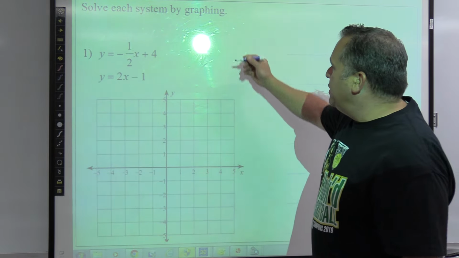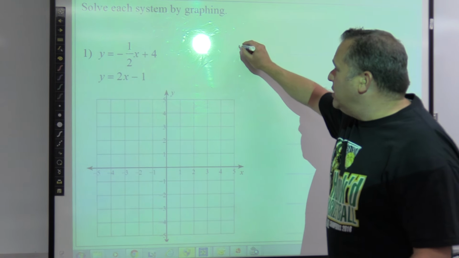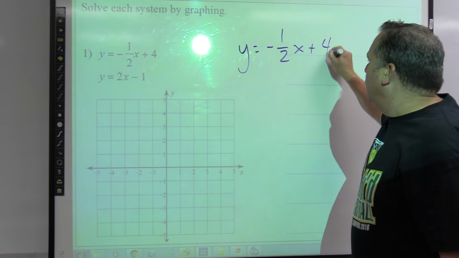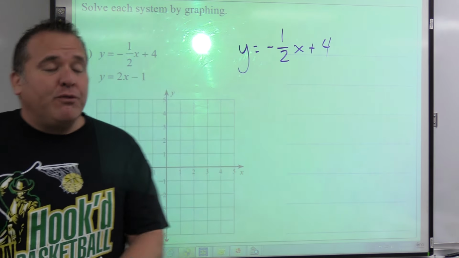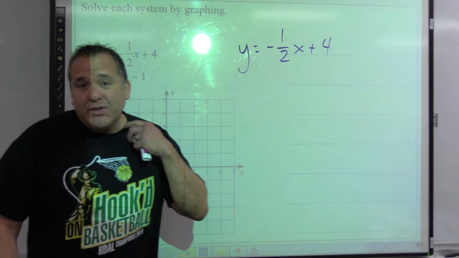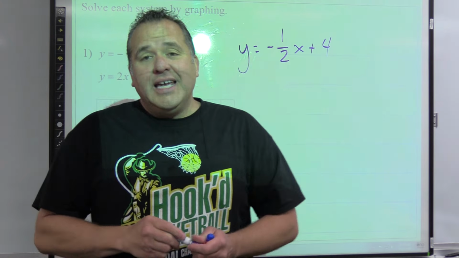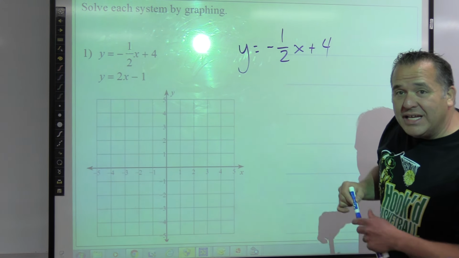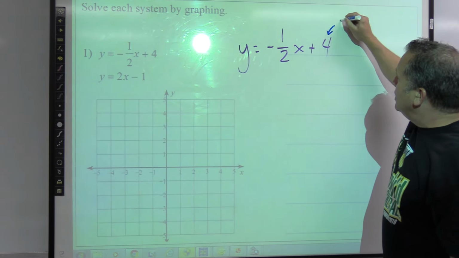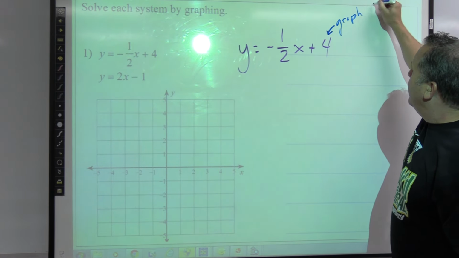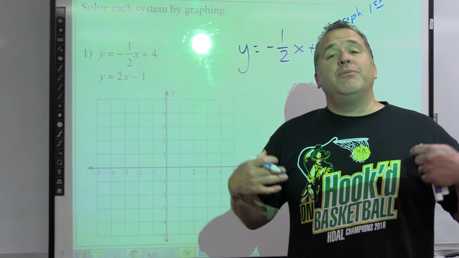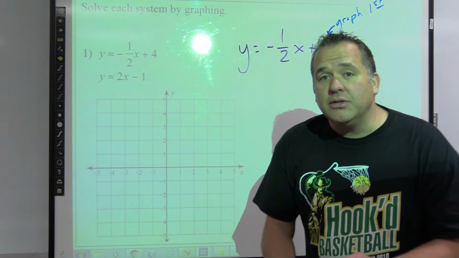Now the first equation, I'm going to rewrite it just to make it easier for you to see. y equals negative 1 over 2x plus 4. Remember, the first thing that we graph in this equation is this 4. This is our y-intercept. I know this seems like I'm repeating myself, but you need to understand this.